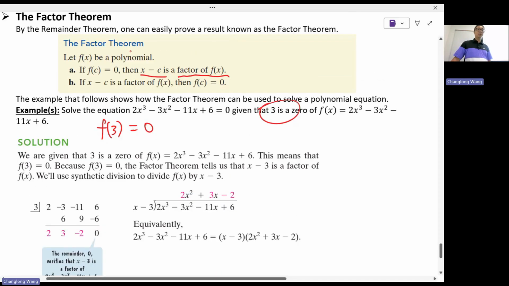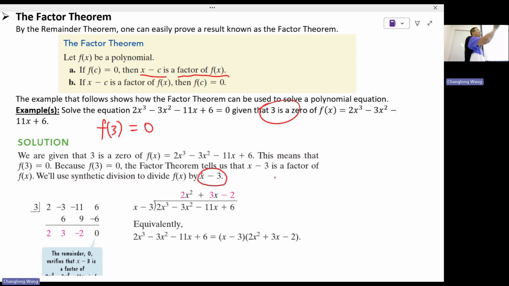But now, according to the factor theorem, or the special case of the remainder theorem, you know that this polynomial must have a factor in the form of x minus 3, because c is 3. But how do you check it? How do you know what polynomial will be left over once you factor that out?